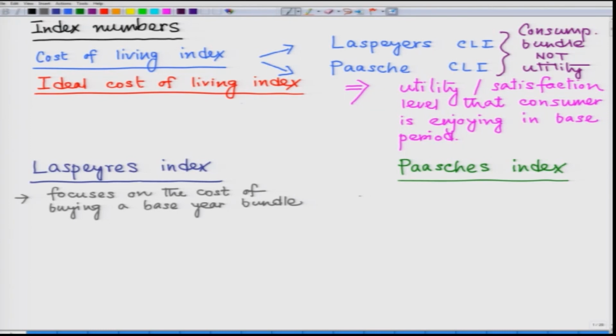In contrast, the Paasche index focuses on the cost of buying the current consumption bundle.